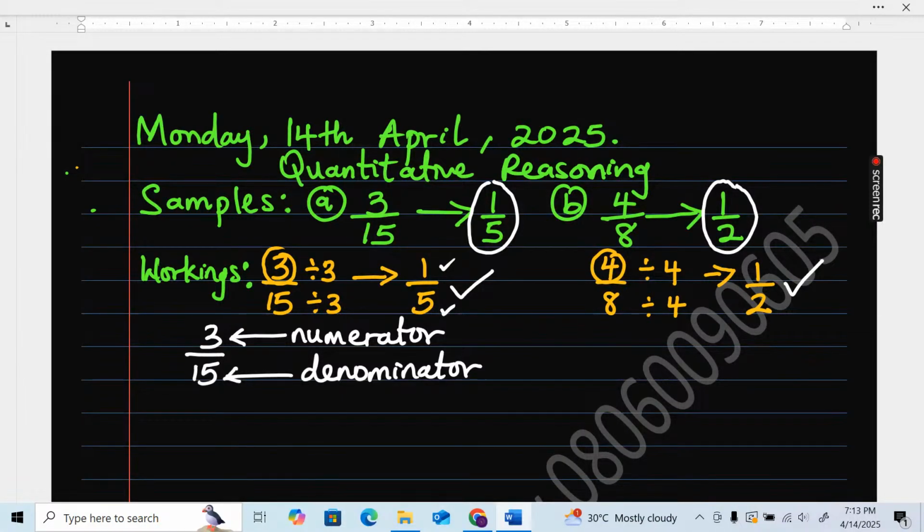So I divided the numerator and the denominator by the numerator. Look at the sample B also. I divided 4 over 8 by 4 because 4 is the numerator. So I had to divide the numerator. I divided 8 also by 4, giving 1 over 2. I believe those who didn't understand now understand.